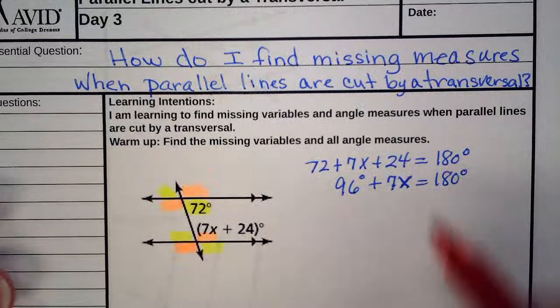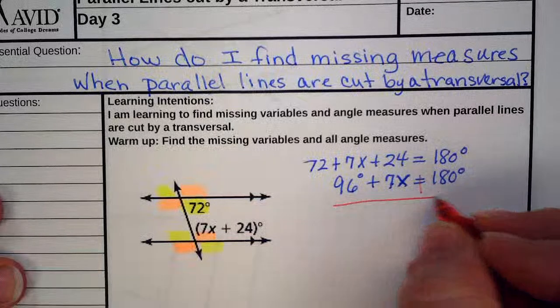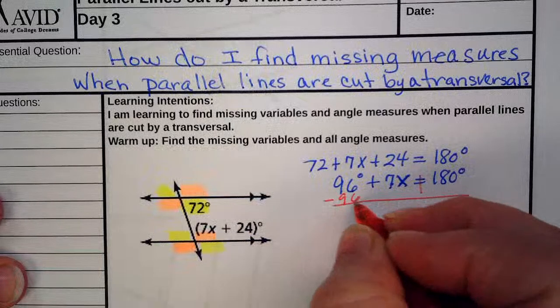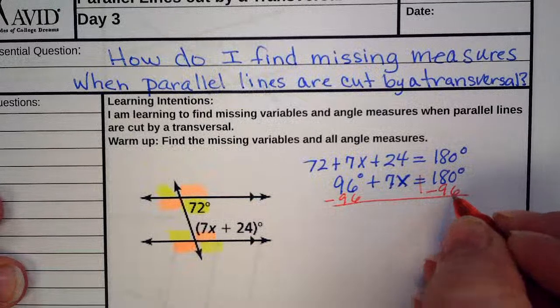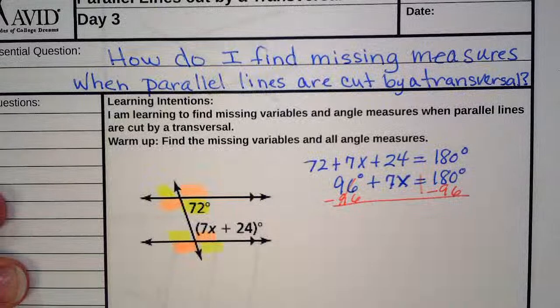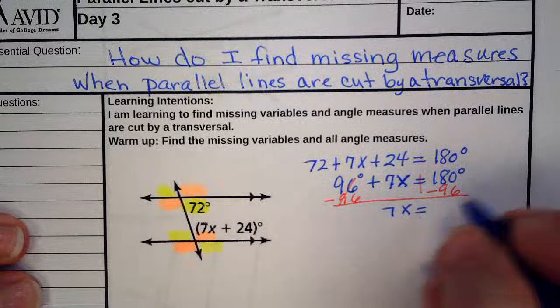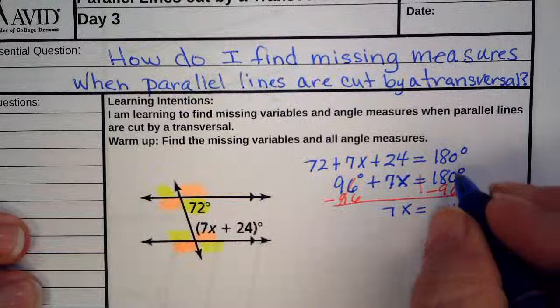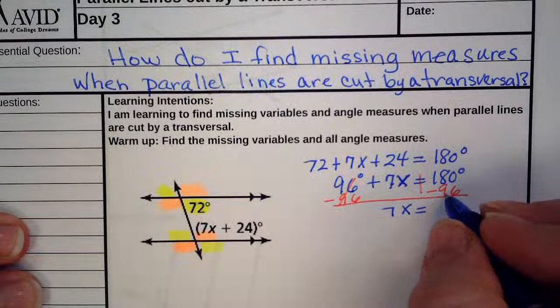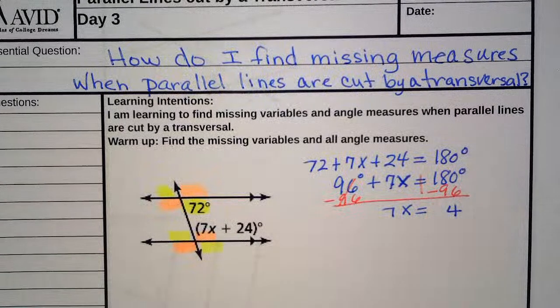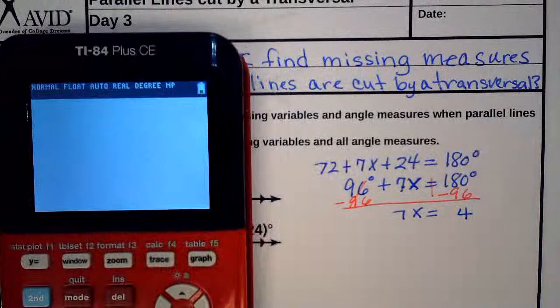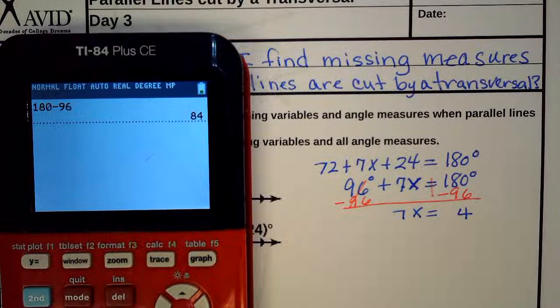Step 1: subtract 96 from both sides. 7x is equal to, okay, getting my handy dandy calculator out here, 180 minus 96 gives me 84.